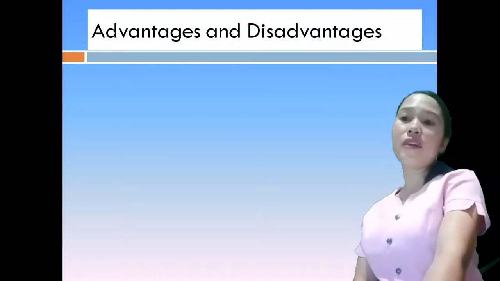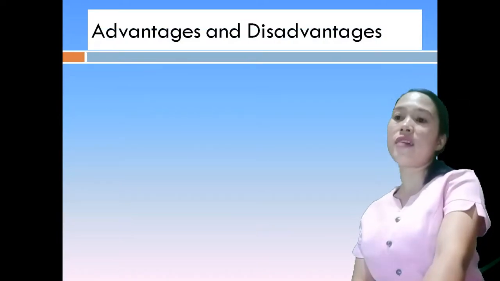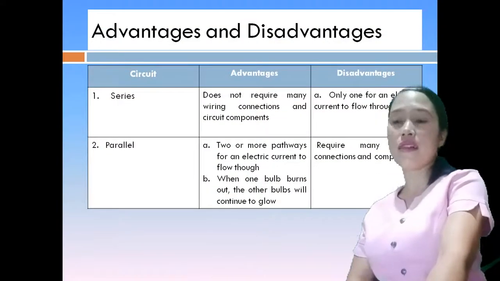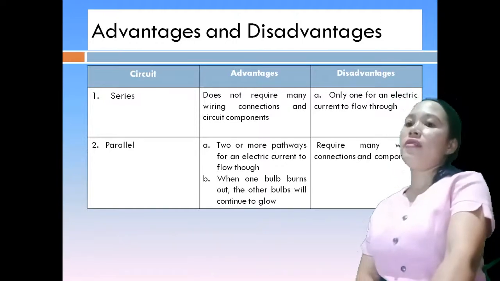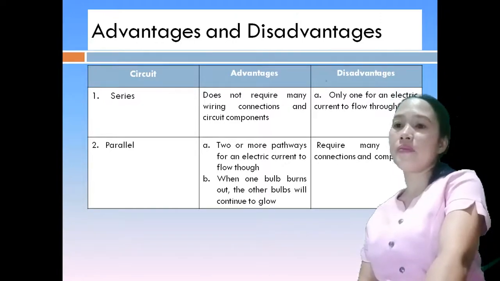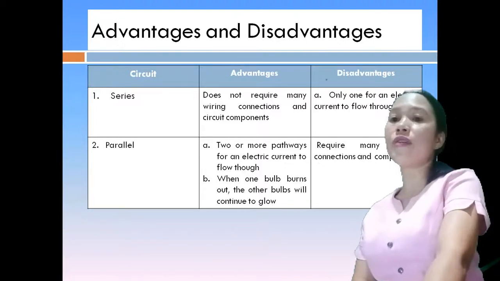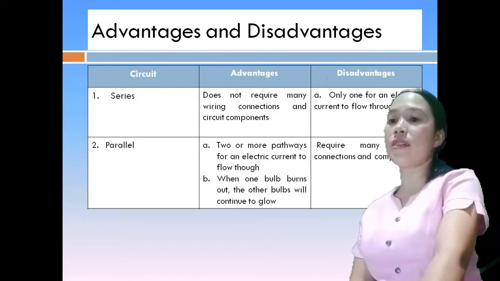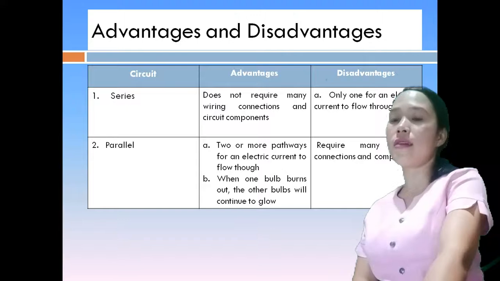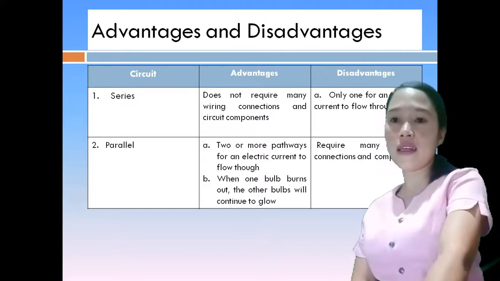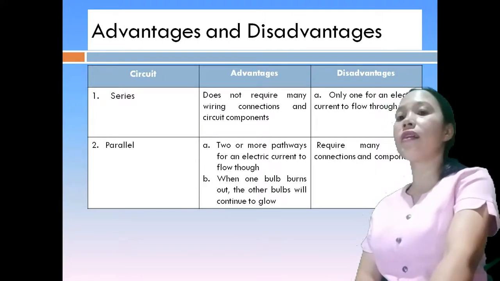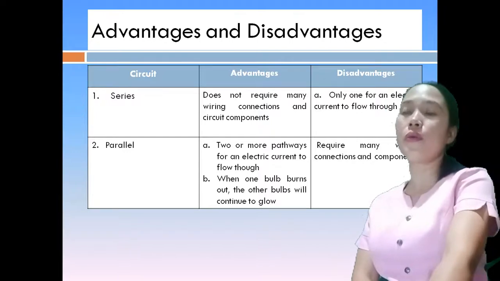Here are the advantages and disadvantages of series and parallel circuits. Let's start from series. The advantage of series is that it does not require many wiring connections and circuit components. But the disadvantage is that there is only one pathway for an electric current to flow through.